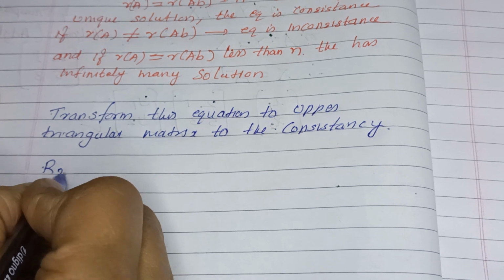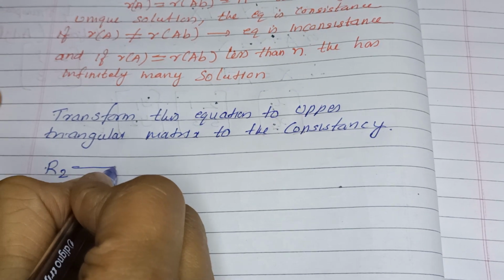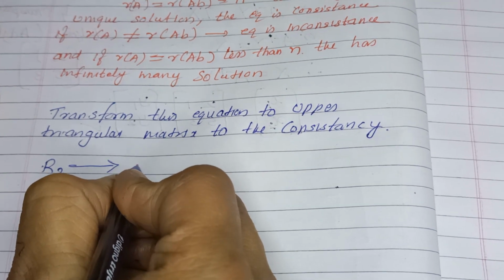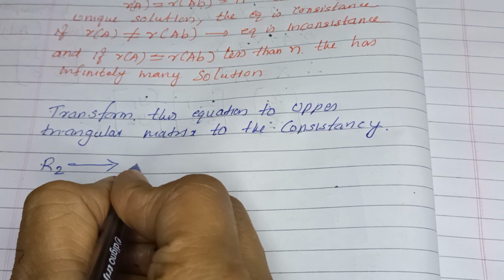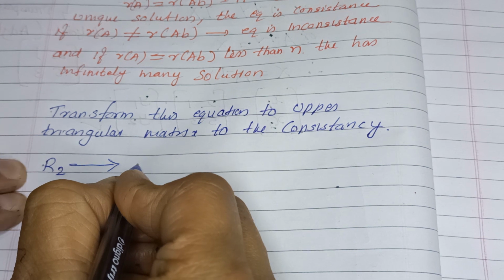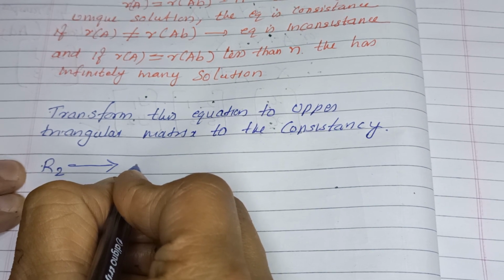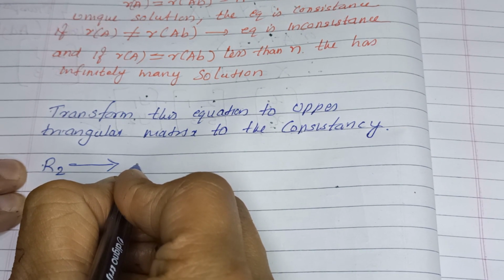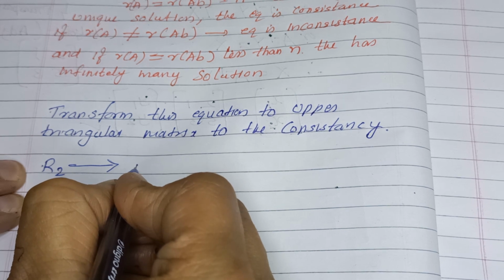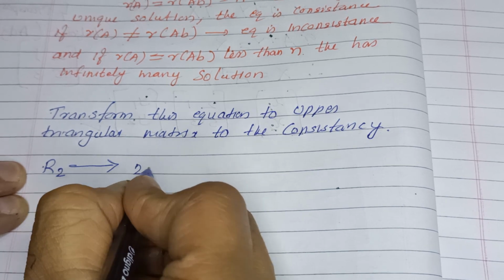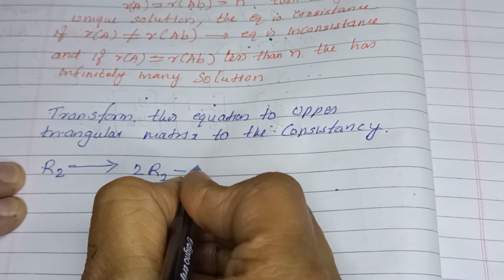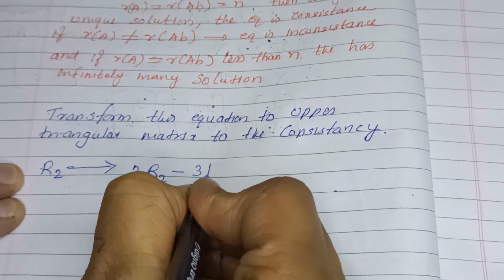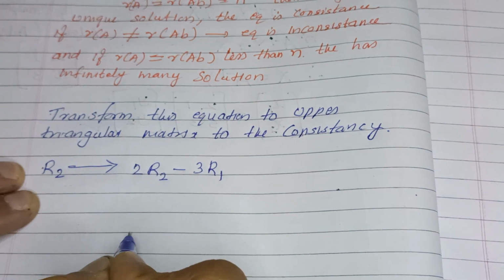What we have to do is work on our row 2. In row 2 we have 3, so we can go for R2 minus 3R1, that would be better.